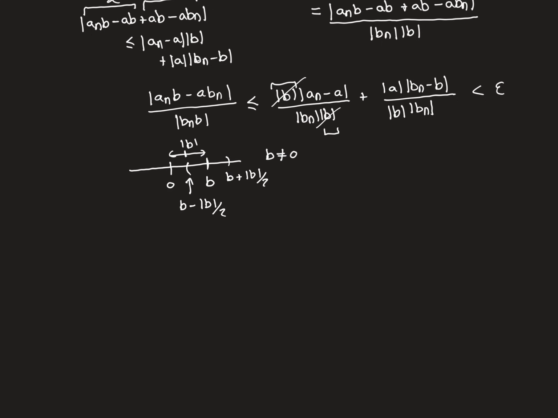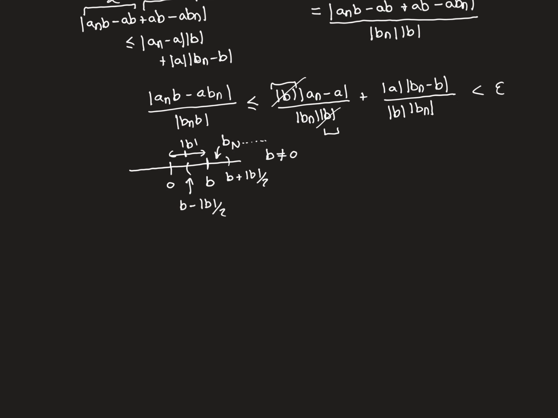And then because I know the sequence converges to B, I know that there is a big N such that all the terms of the sequence from that term and onwards are inside this interval. So B big N here, and all of its terms onwards are inside there.